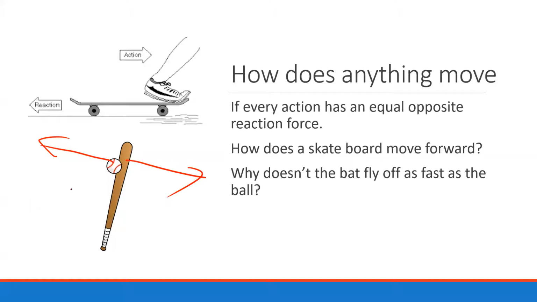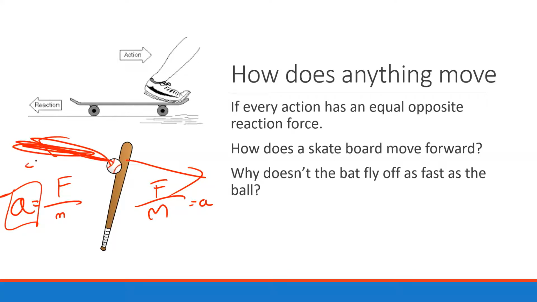Well, it's got to do with acceleration. The force might be the same, but the mass of the ball is a lot smaller than the mass of the bat. So the acceleration of the ball will be a lot larger than the acceleration of the bat. That big acceleration means the ball is going to go flying really quickly, whereas the bat is only going to be moving a little bit backwards.